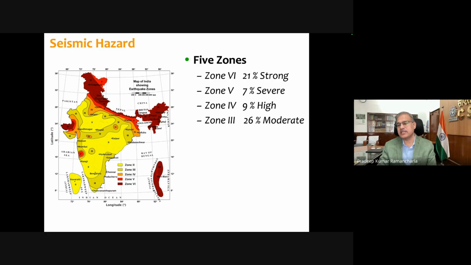And zone 3, 26%, moderate intensity ground shaking. And 37%, that is zone 2, low intensity ground shaking. Low intensity doesn't mean that there is no shaking. Definitely no part of India is free from earthquakes. So we have to design for this earthquake intensity.